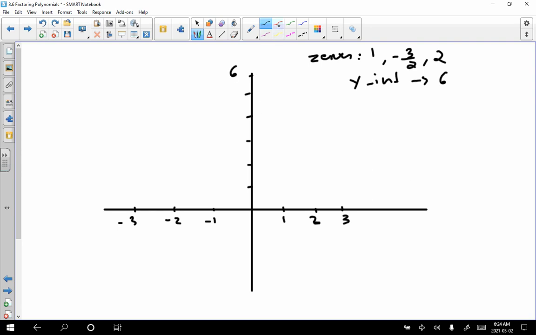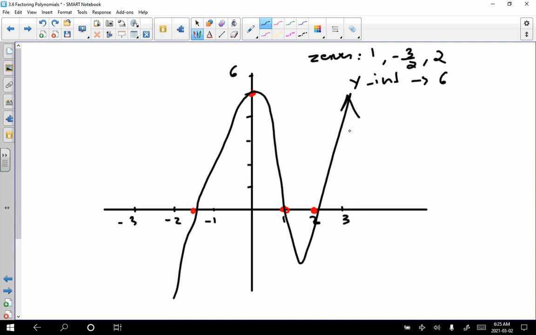So our points are going to be 1, pass through that. -3/2 is -1.5, and then 2, and then also this y-intercept is 6. So our function is going to go through that. And all of them are linear, by the way, so they're just going to have that linear behavior as it crosses through each zero. And that is a sketch of this function.